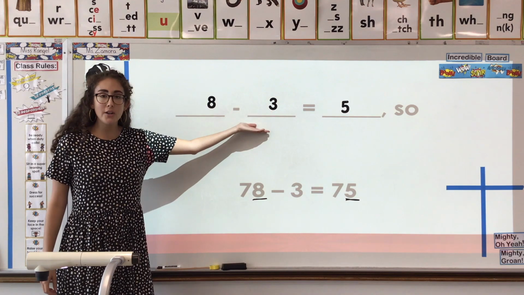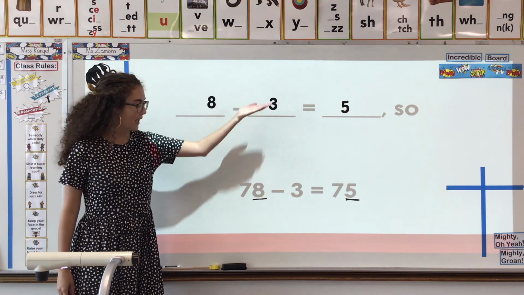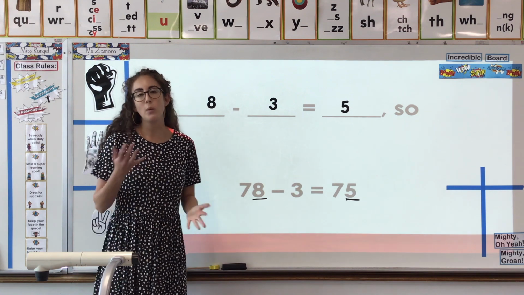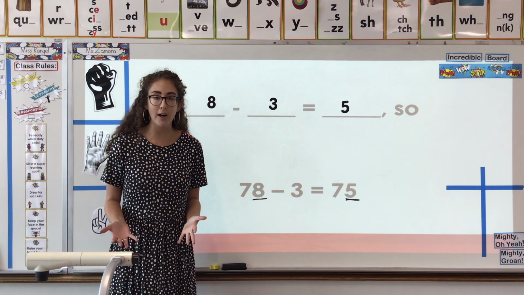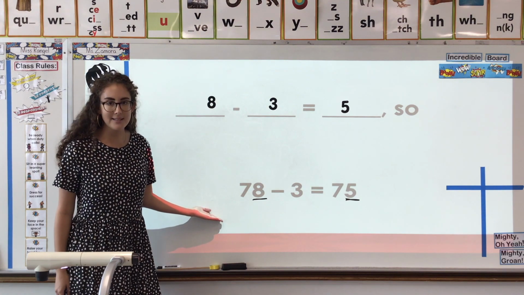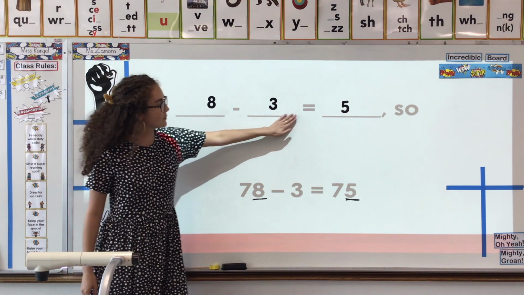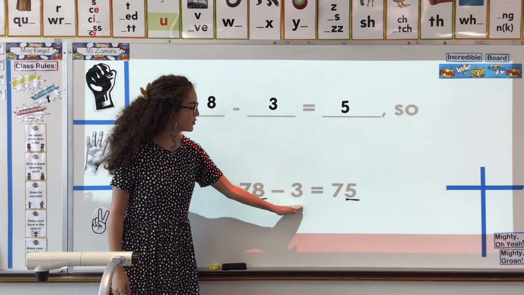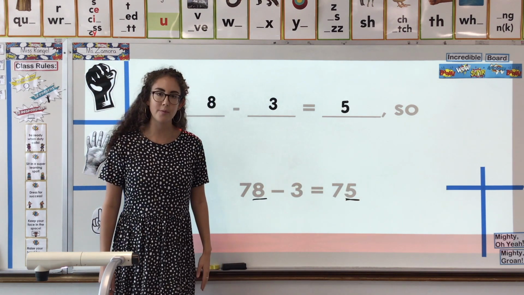We used our knowledge of this equation to solve our bigger problem. We used a place value chart before, but we can do the same thing just in our heads. 8 minus 3 equals 5, so 78 minus 3 equals 75.